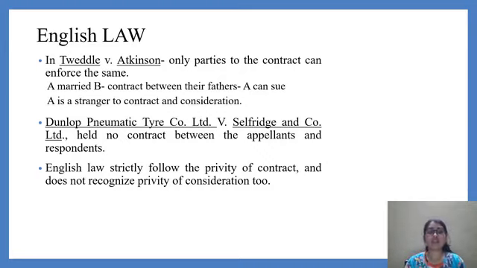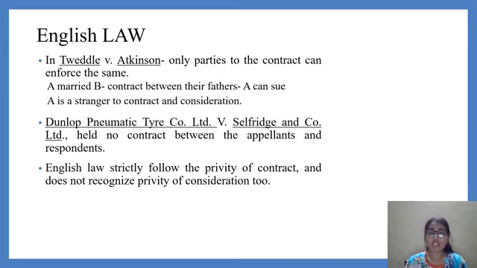Now the next case law is Dunlop Pneumatic Tire Company Limited versus Selfridge and Company Limited. This case reaffirmed the doctrine of privity of contract in its judgment. The facts of this case were that A was a manufacturing company and they sold car tires to B, another company, with both the parties agreeing that the tires will not be sold below the lowest price.